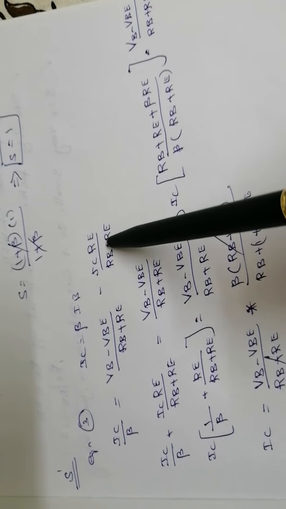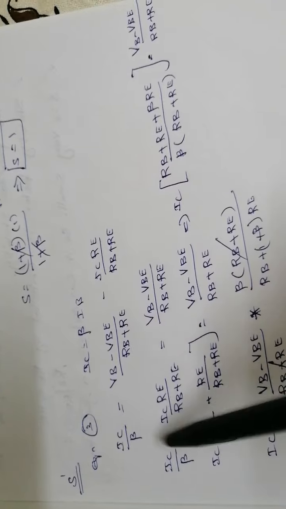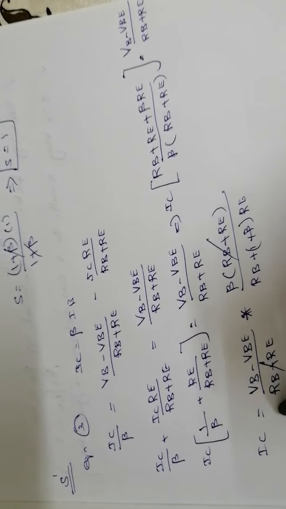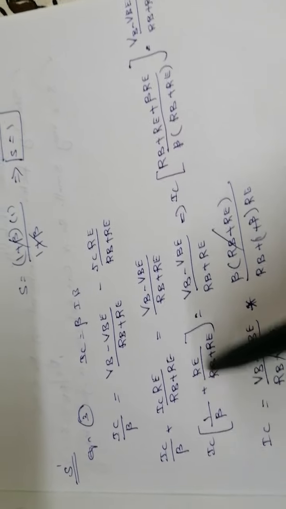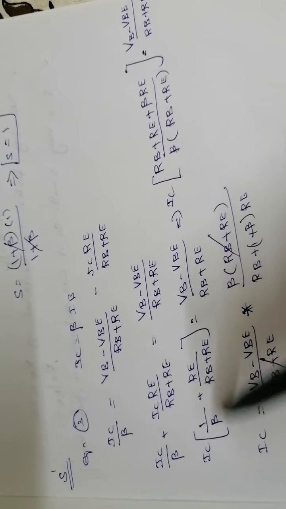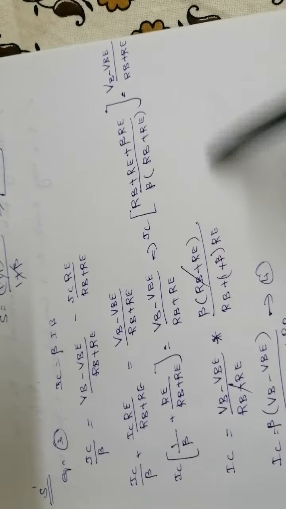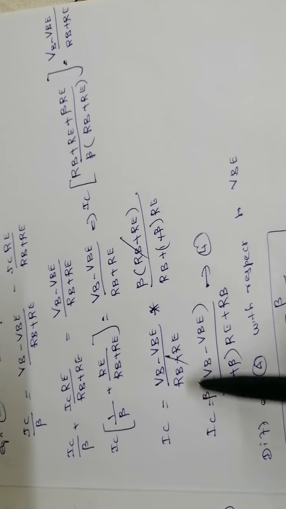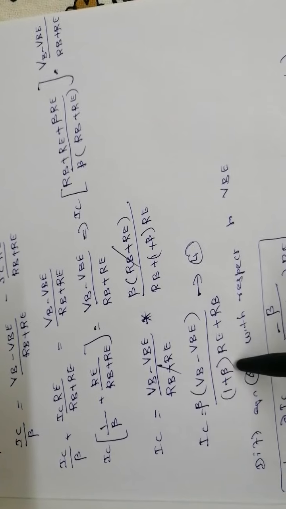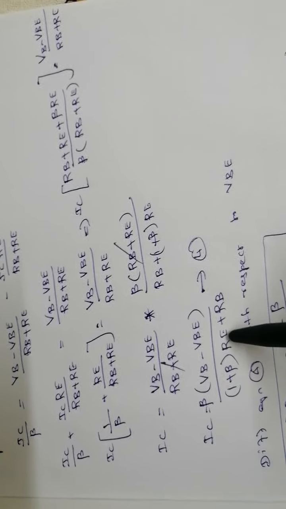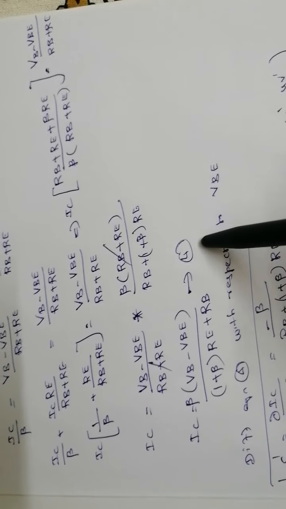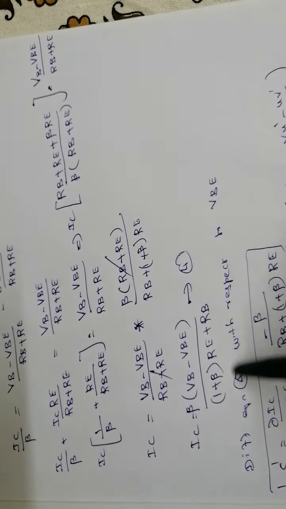Now let's move this term to the LHS side, take the LCM and take IC common. Then after simplification we get IC is equal to beta into VB minus VBE divided by 1 plus beta RE plus RB. Right, so this is the IC term.